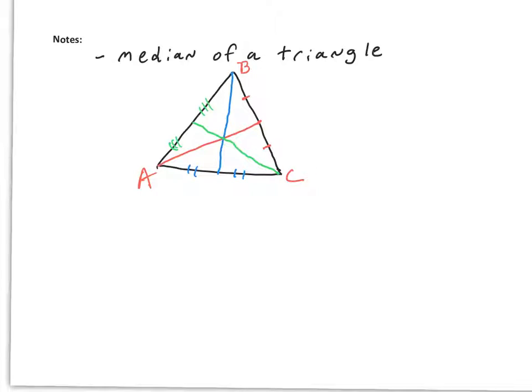into equal sized pieces. And notice right here where all 3 of these medians cross, and they're always going to intersect somewhere. That place has a special name. It's called the centroid, and you will need to know that name. So where all the 3 medians intersect, that's called the centroid.